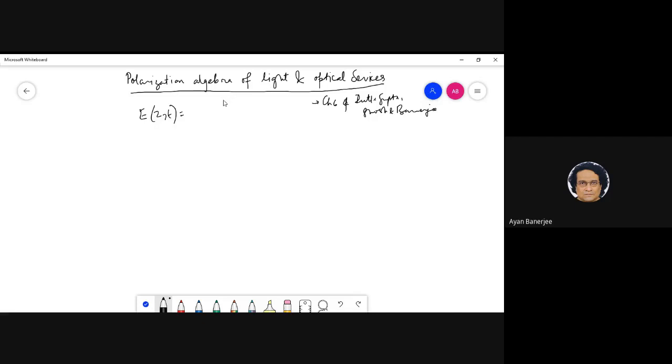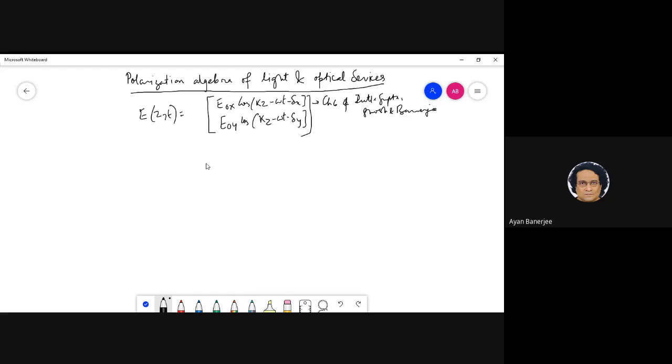Okay. So basically I can write this in terms of a simple column vector as E0x cos of kz minus omega t minus some delta x, and E0y cos of kz minus omega t minus some delta y.